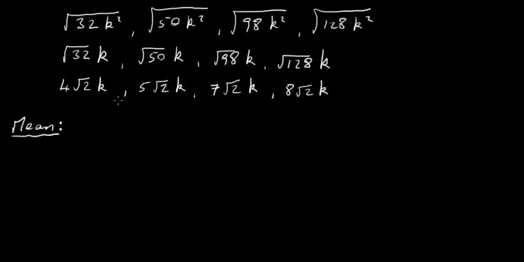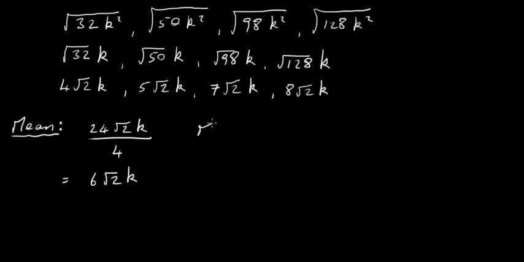So 4 and 5, 9, and 7, 16, and 8 will give us 24. So really we've got 24 root 2k. We've got to divide that by 4. This is our mean. So 4 into 24 will give us 6 root 2k. So this is our mean here.